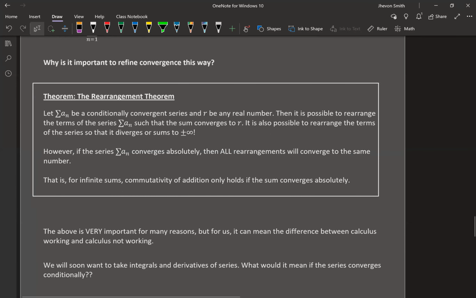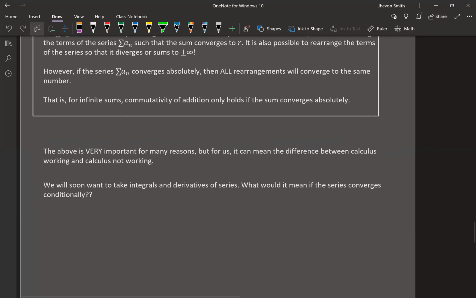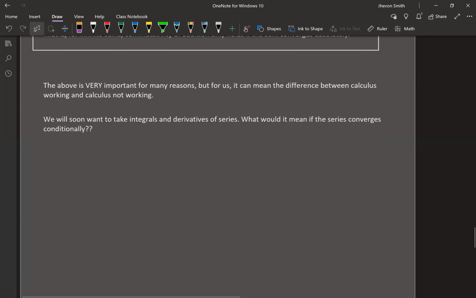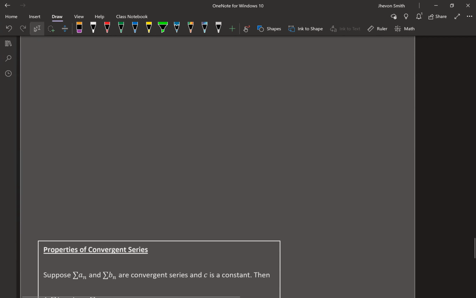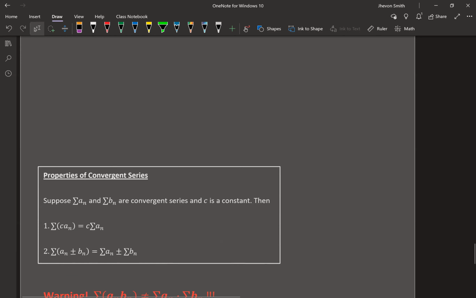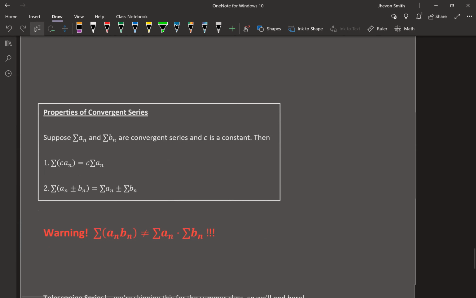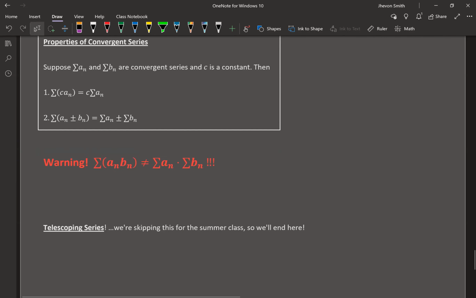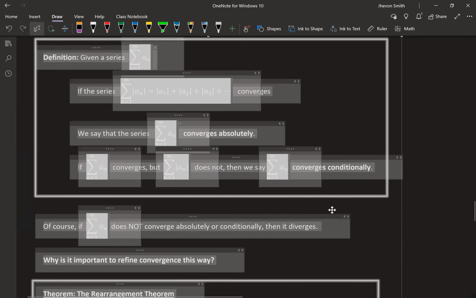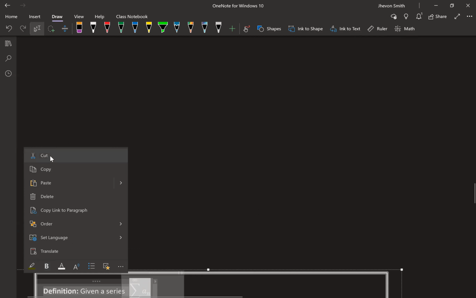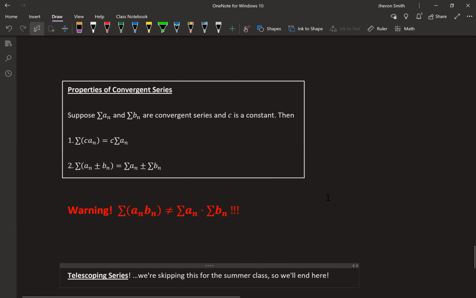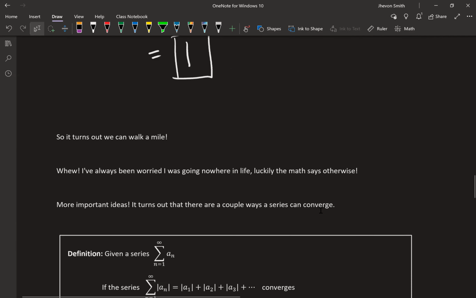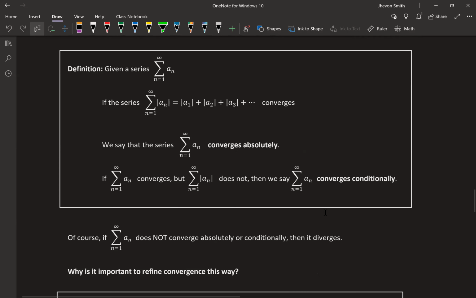Basically what they're saying is that this infinite number of numbers add up to something meaningful in the real world, right? So I can add an infinite number of numbers and it actually has some meaning attached to it. I can write down an answer to this infinite sum, right? So it turns out though, that there are several kinds of answers that you can get from adding an infinite sum and several kinds of convergence.